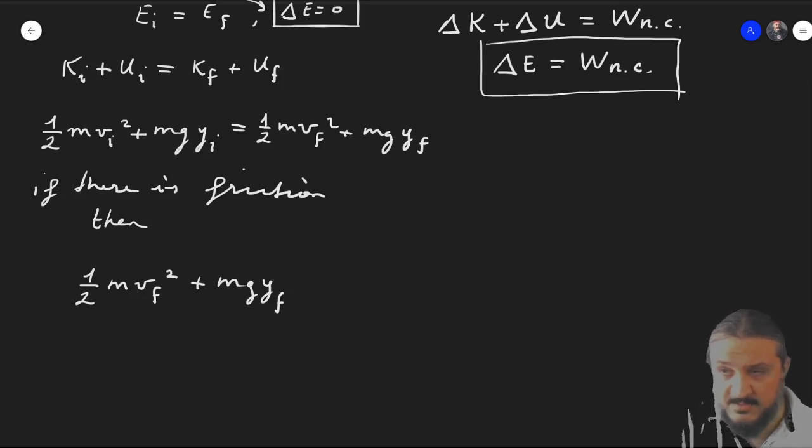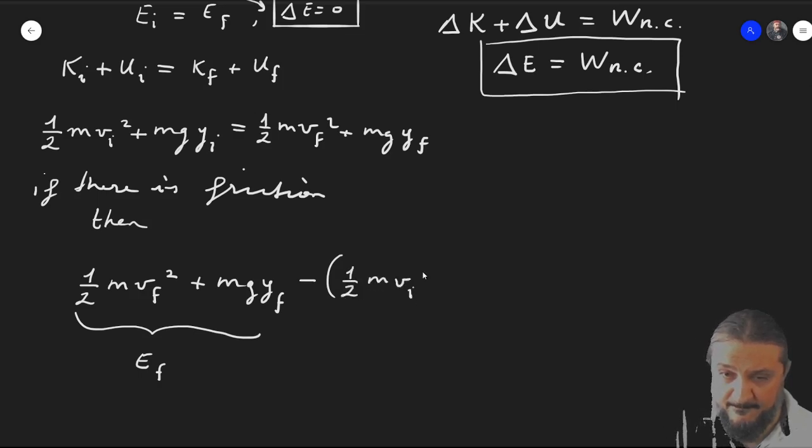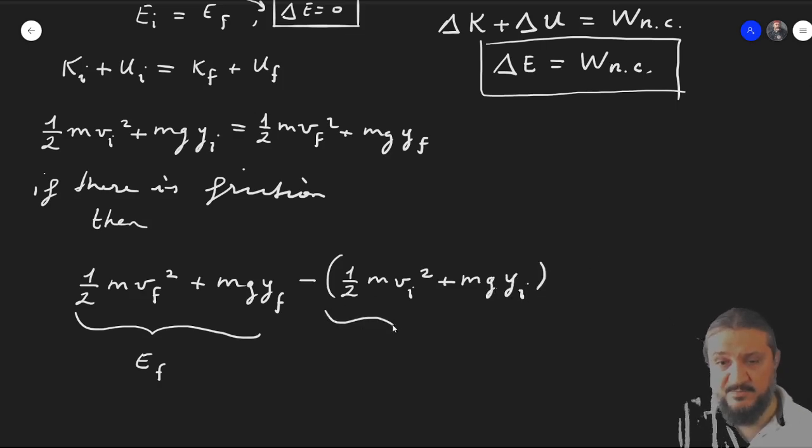Okay, this is nothing but final mechanical energy minus, now you can write the initial mechanical energy, plus mgy initial. Okay, that would be EI.